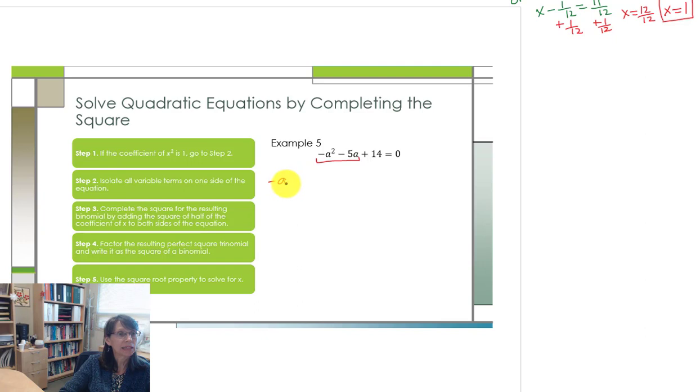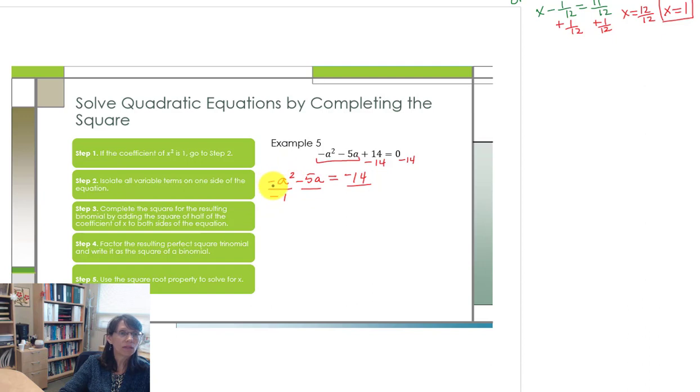So we'd have negative a squared minus 5a equals how much? This time we have to take away 14 from each side of the equation, so we have negative 14 on the right. In order to convert this to a positive 1 coefficient, simply divide all terms by negative 1.